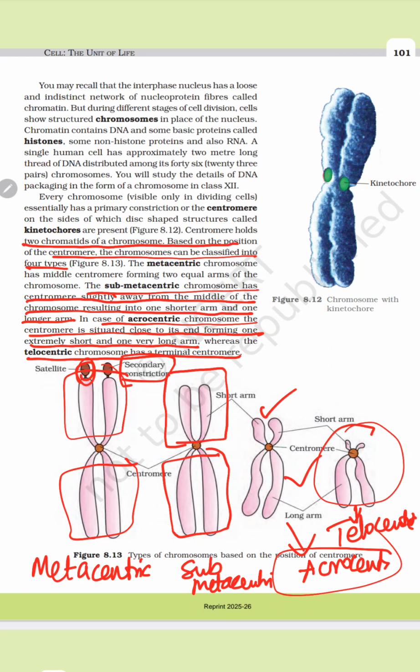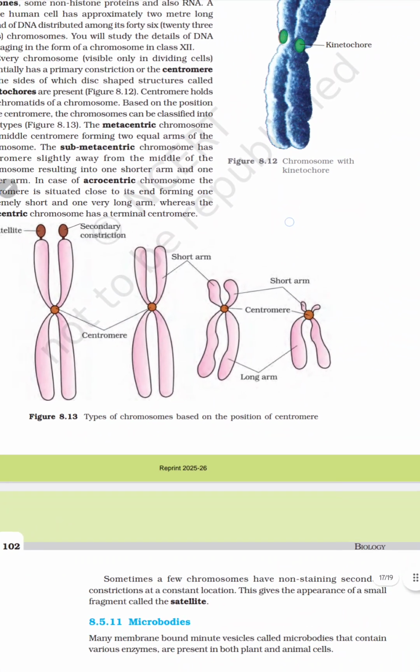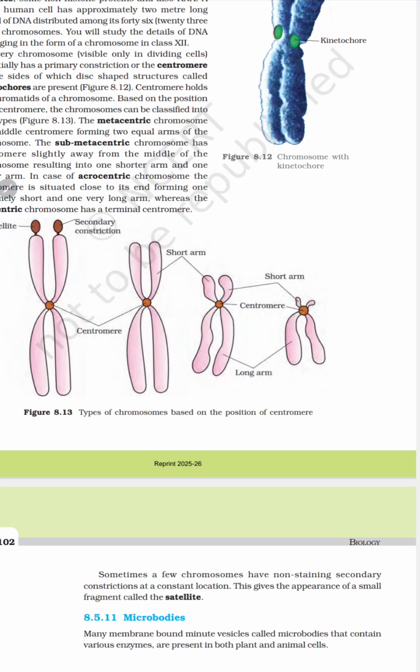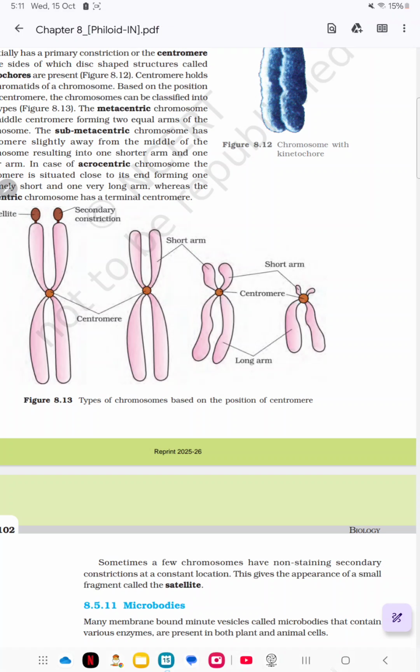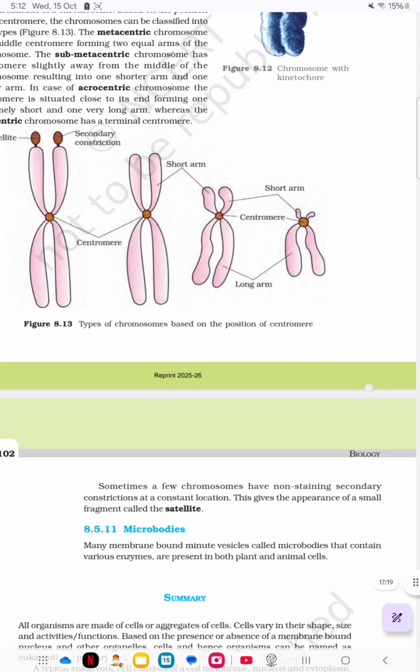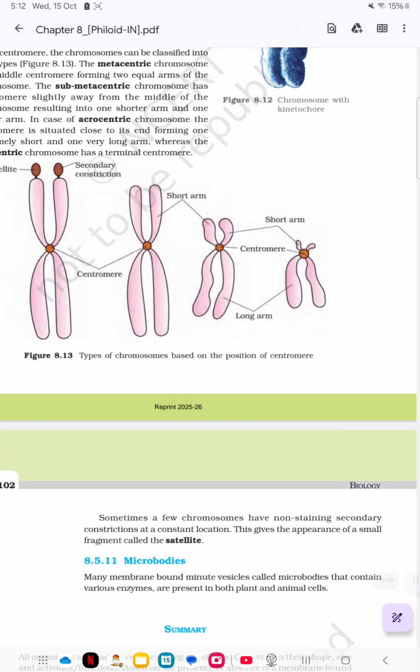So based on the position of the centromere, chromosomes are classified into four types: metacentric, submetacentric, acrocentric and telocentric. Sometimes a few chromosomes have a non-staining secondary constriction. Here we can see a satellite chromosome with secondary constrictions present.